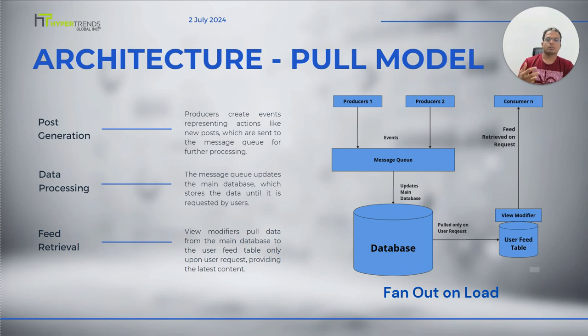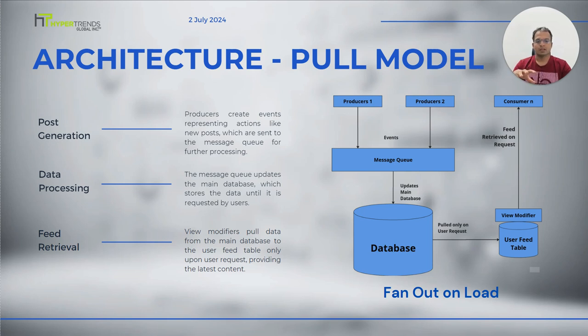So that process of aggregating, filtering, or consolidating the different data from the different databases is done at the request side when the request comes. That is why it is the pull model. So that is the fundamental difference of these two models.